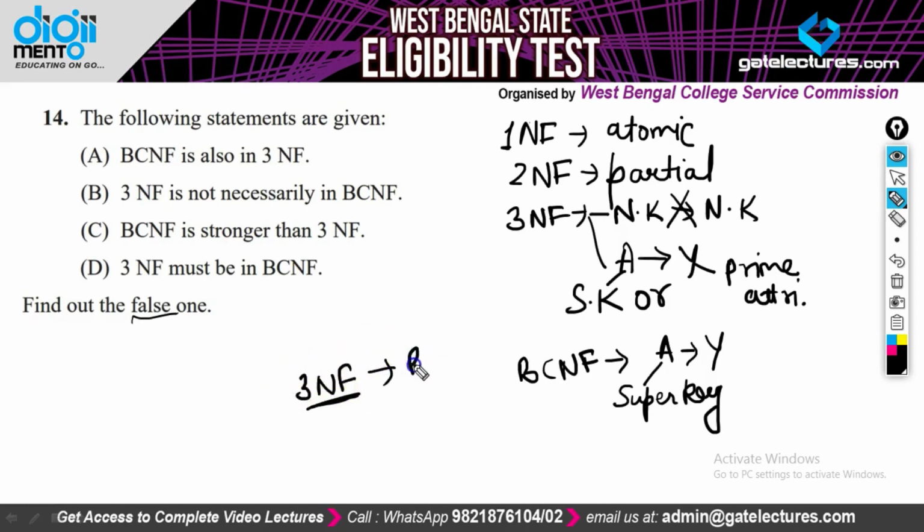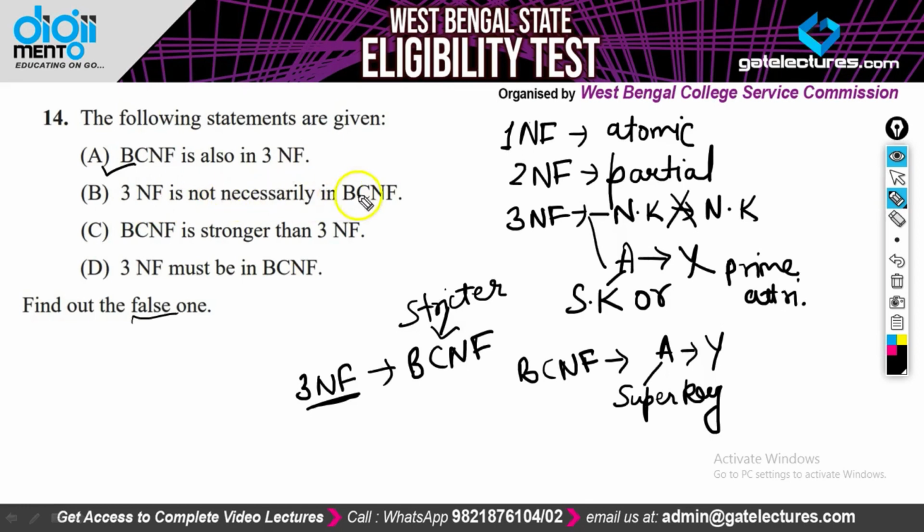So BCNF is also in 3NF. Yes, correct. Our BCNF satisfies all these properties, and is even stricter than all of these.